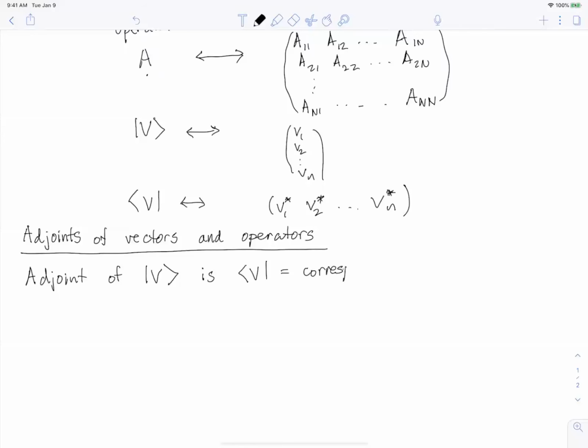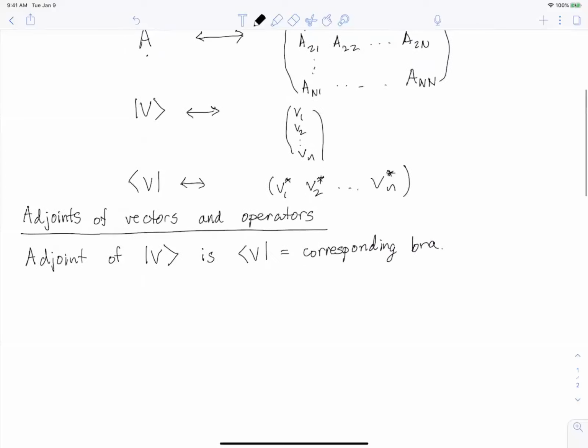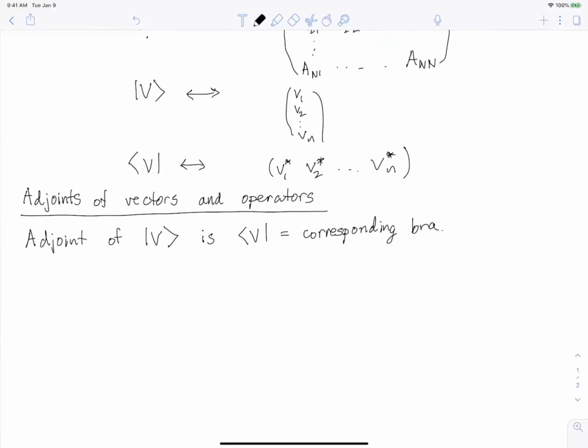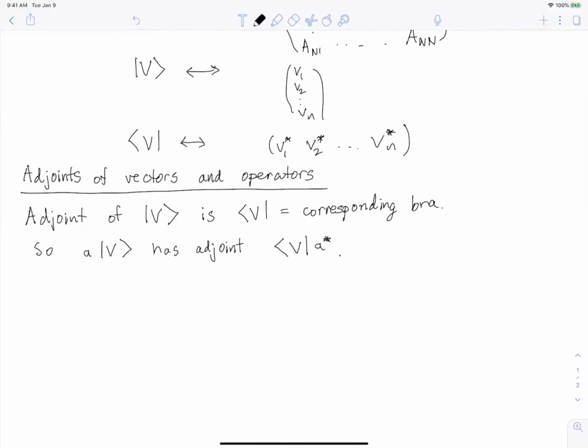So they're not the same thing, but they're in correspondence with each other. Okay, and so you can take the adjoint by replacing the ket with the corresponding bra. And so it follows from that, that if I take a complex number a multiplied by a ket, it has adjoint that's the corresponding bra multiplied by the number a star, the complex conjugate. That follows from linearity and the other properties of the Hilbert space that we wrote down.